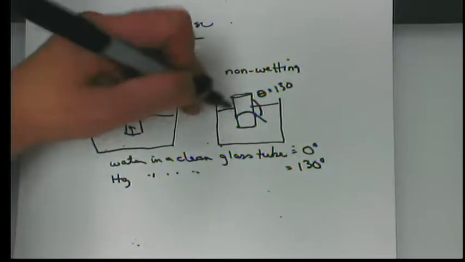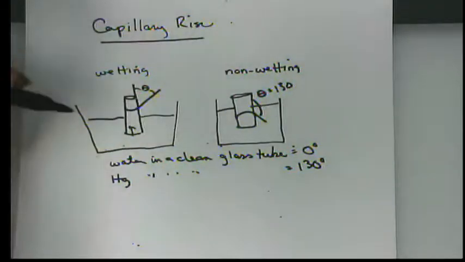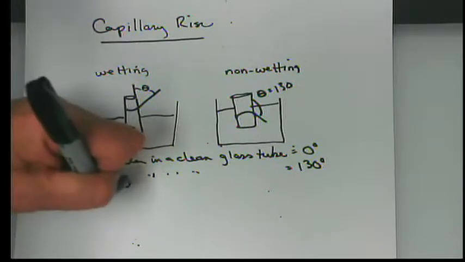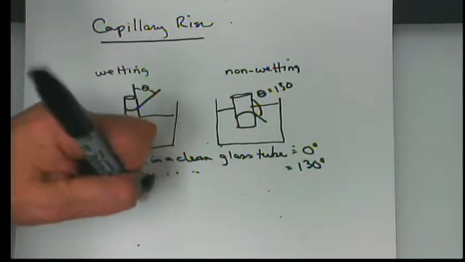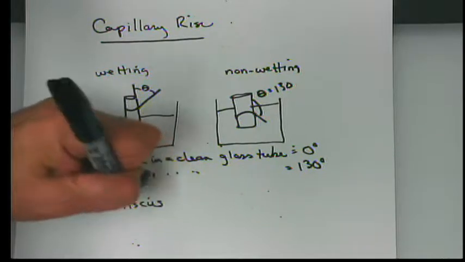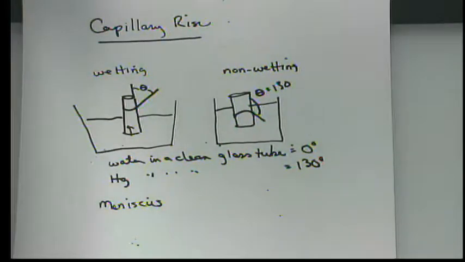If you take this shape, you've probably heard this shape is called a meniscus. So the meniscus is the curvature of that shape of the fluid as it rises in a capillary tube.